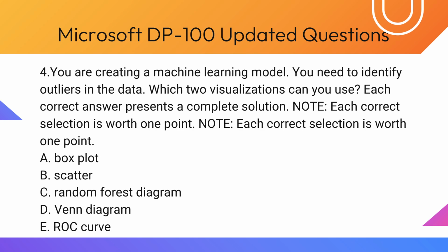4. You are creating a machine learning model. You need to identify outliers in the data. Which 2 visualizations can you use? Each correct answer presents a complete solution. Note: each correct selection is worth 1 point.